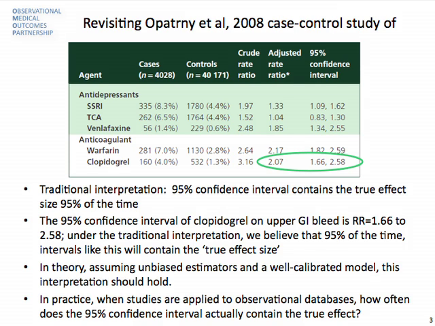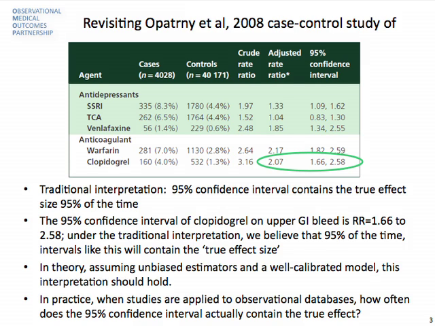By conventional statistics, the 95% confidence interval contains the true effect size 95% of the time. If we did 100 experiments like that, we would expect the true answer to be between 1.7 and 2.6, 95% of the time, based on an unbiased estimator and standard statistics.